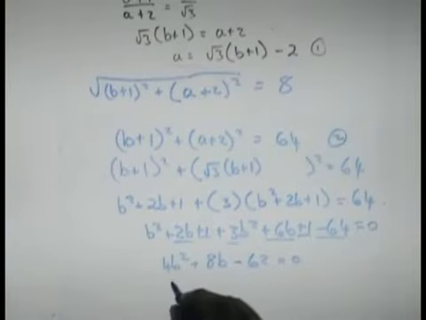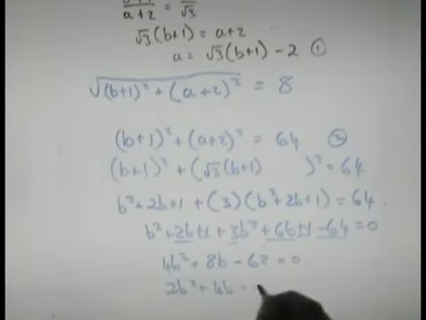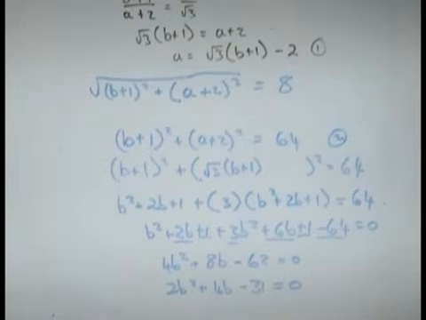Divide through by a common 4. That means that b squared plus 2b minus 15 is equal to 0.